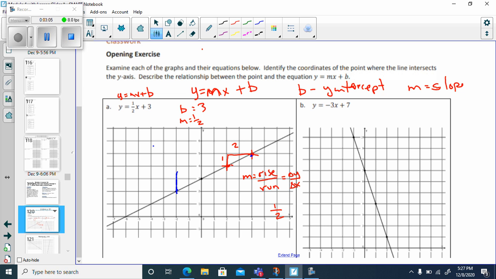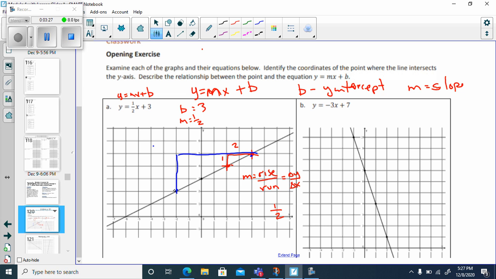Okay, let's draw our right triangle. Now both of these triangles, the red one and the blue one, have as their hypotenuse this line that we're looking for the slope of, right?